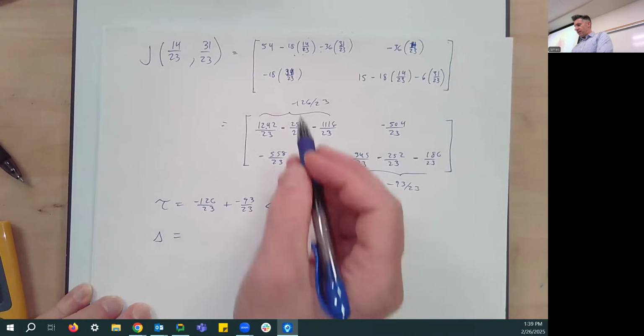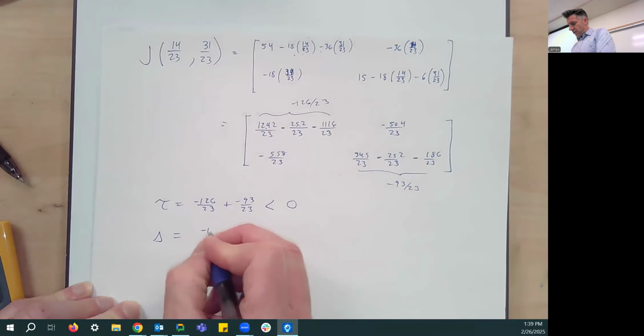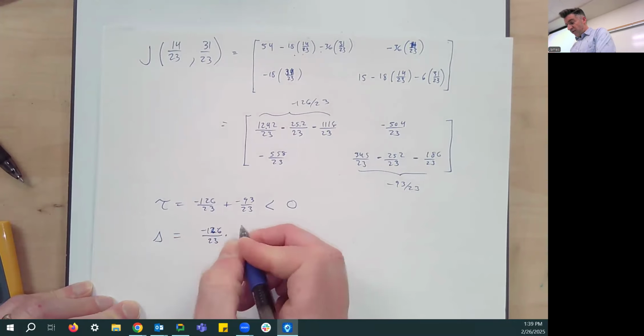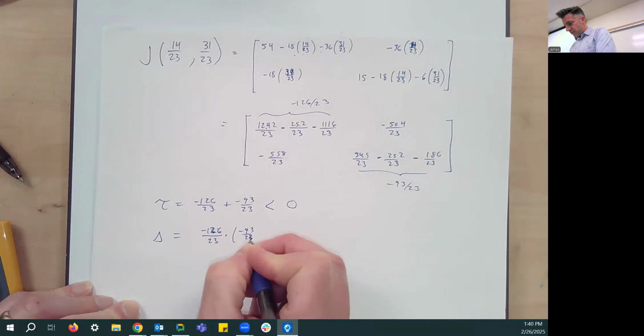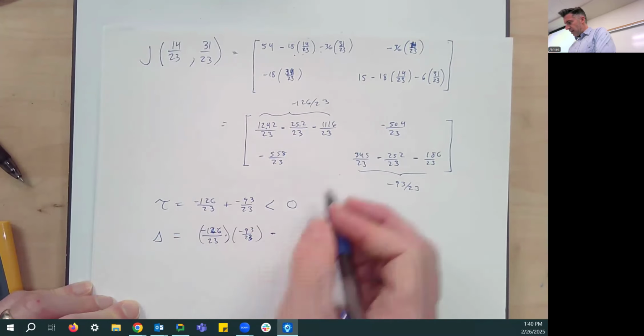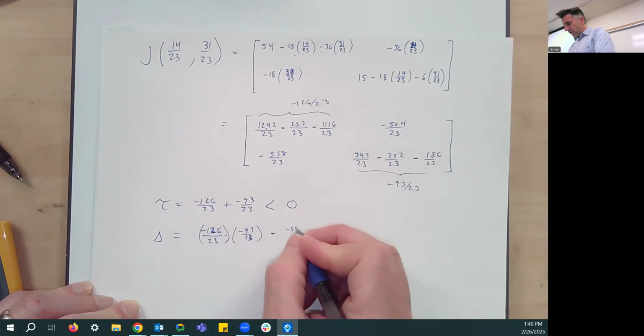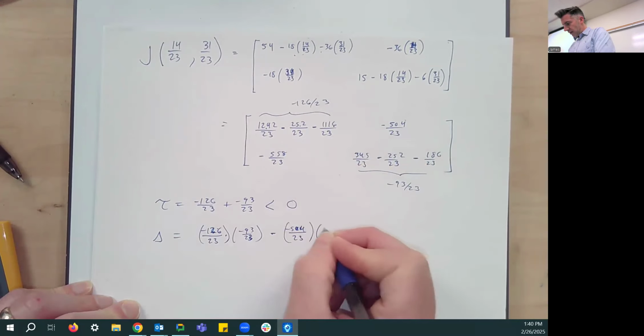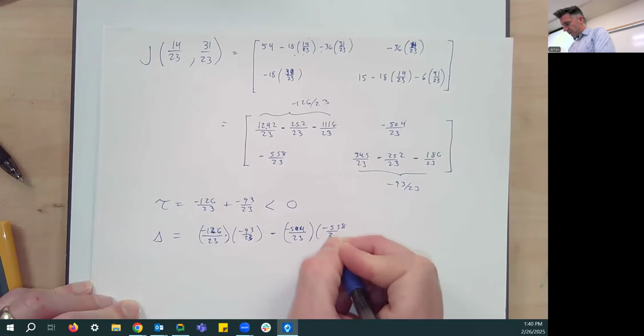So the determinant's going to be that times that, negative 126 over 23. The 23s I'm kind of ignoring. It's negative 93 over 23. Minus that times that. Negative 504 over 23 times negative 558 over 23.